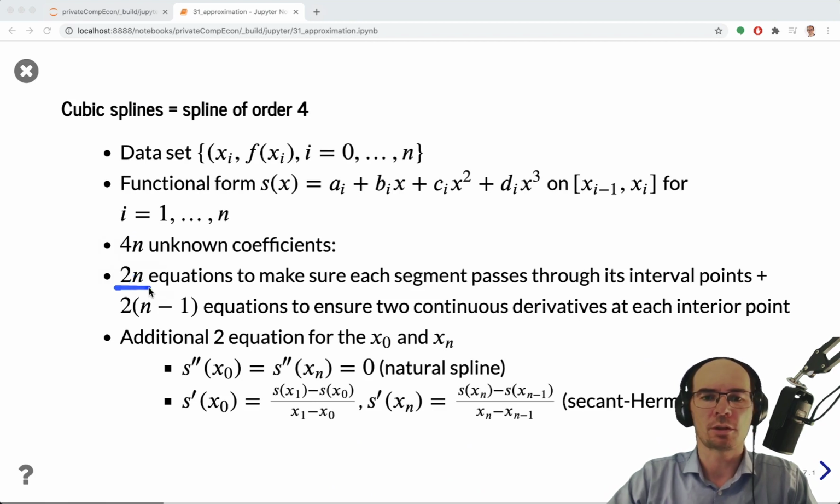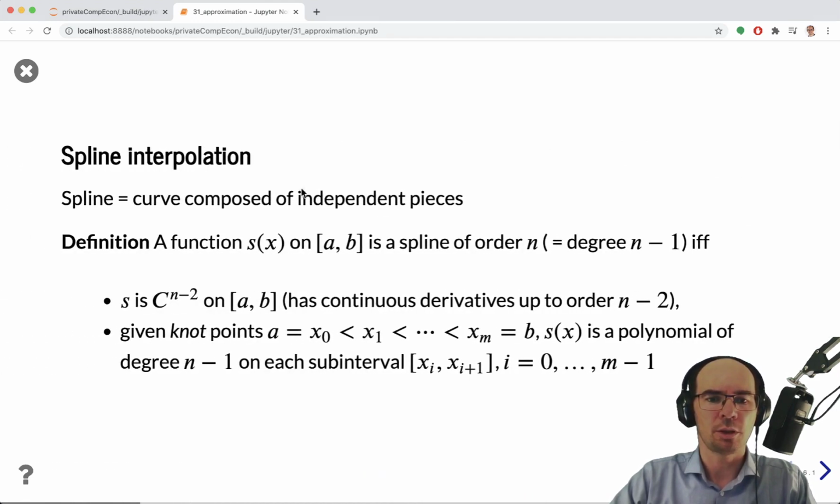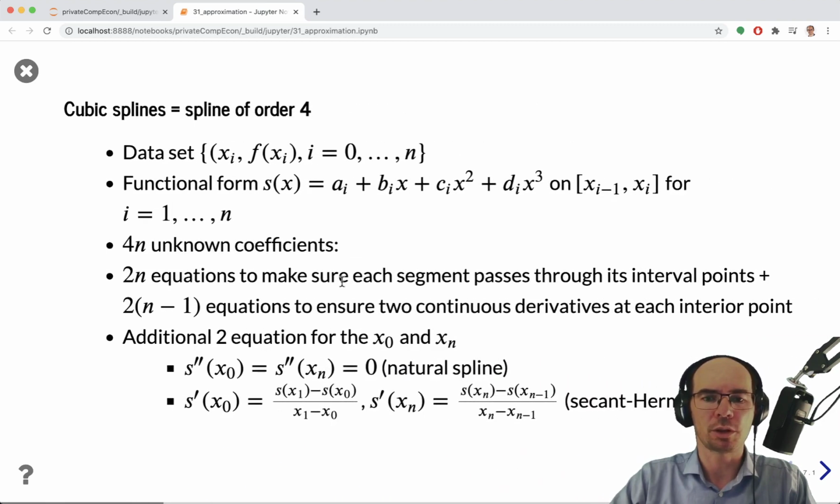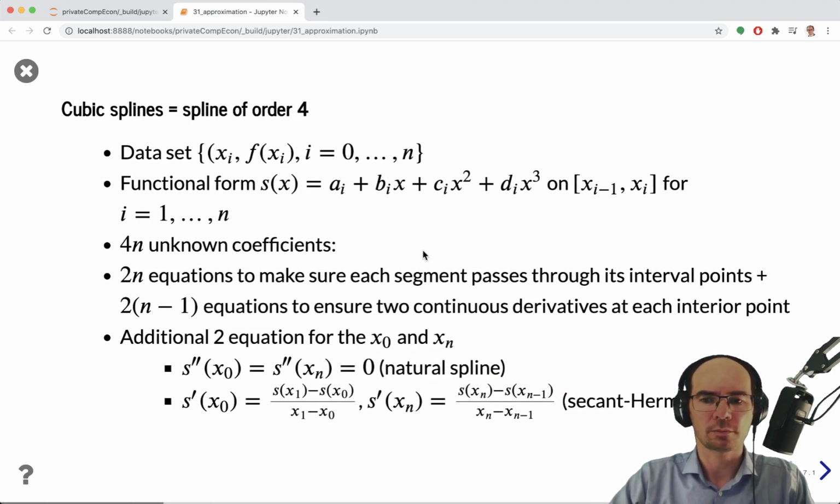Now, 2n equations come from the fact that each segment has to pass through its interval points. Each of these functions has to be defined and equal to a particular point on the left and on the right. Because there are n subintervals, there are 2n equations to ensure that. Now, for the smoothness conditions, remember that the order is 4, so we have to have 2 smooth derivatives for the cubic splines.